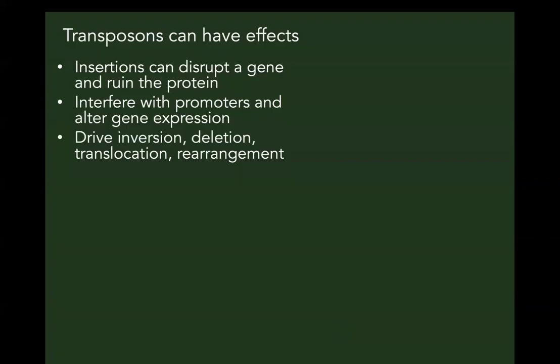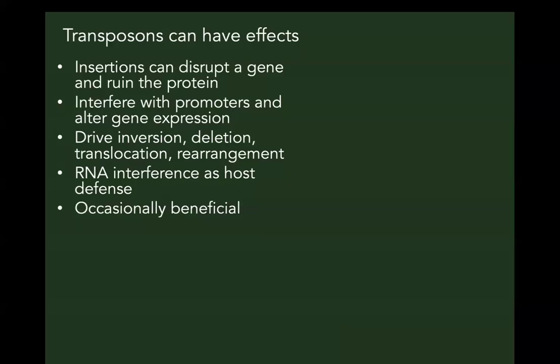They can drive inversions, deletions, translocations or rearrangements. They can create RNA interference, or the host can enact RNA interference as a defensive mechanism. So the host can put in a little piece of microRNA to prevent transcription and avoid the transposon, and that could affect what the phenotype is.